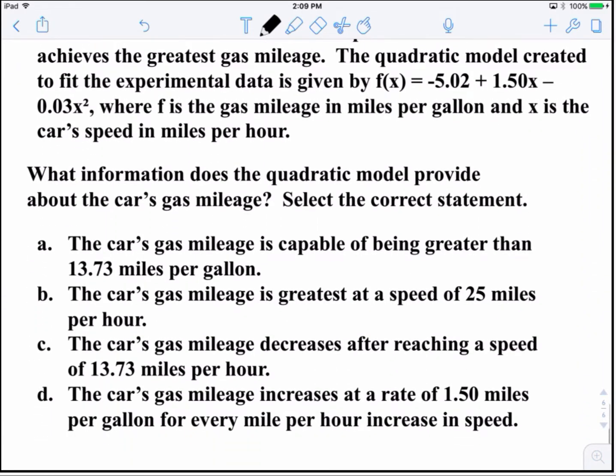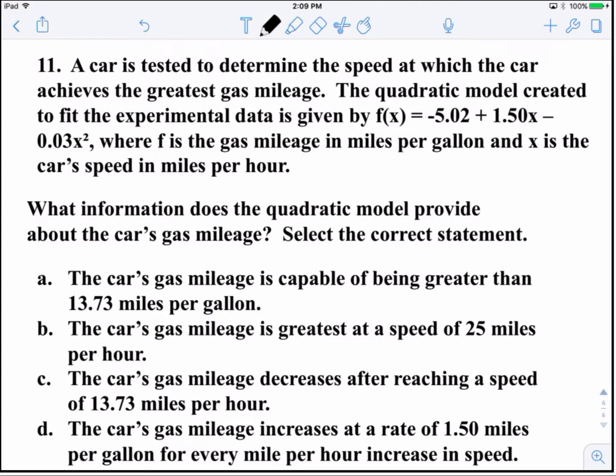Okay, number 11. A car is tested to determine the speed at which the car achieves the greatest gas mileage. The quadratic model created to fit the experimental data is given by f of x is equal to negative 5.02 plus 1.50x minus 0.03x squared, where f is the gas mileage in miles per gallon and x is the car's speed in miles per hour.